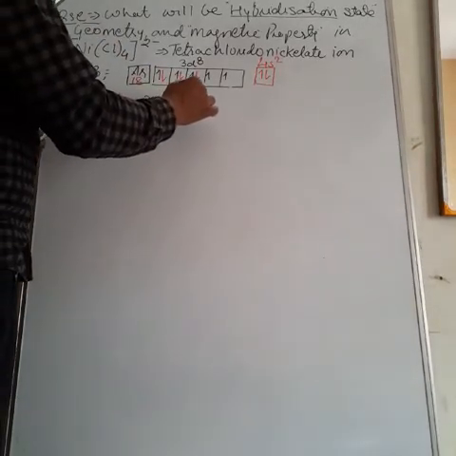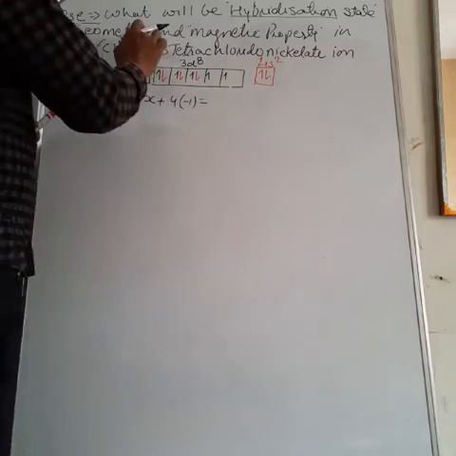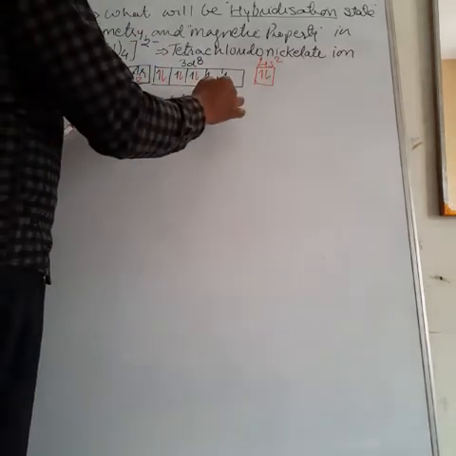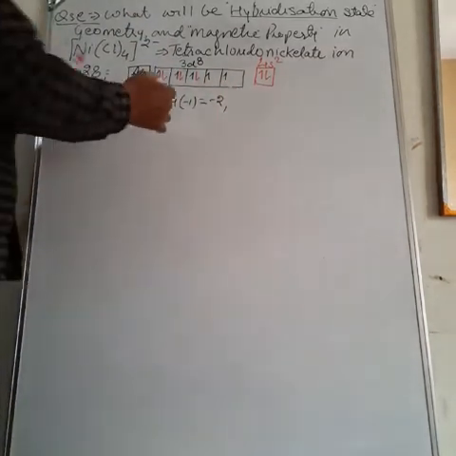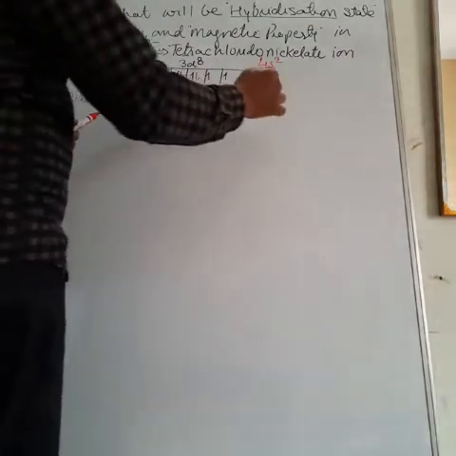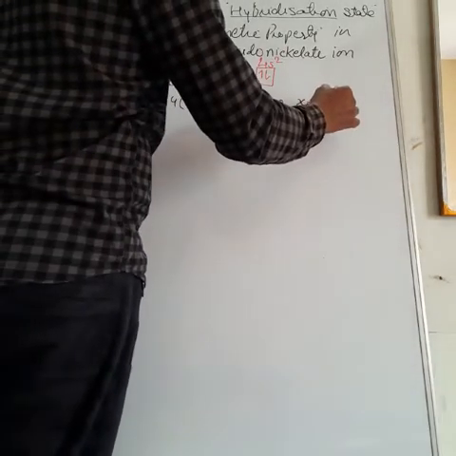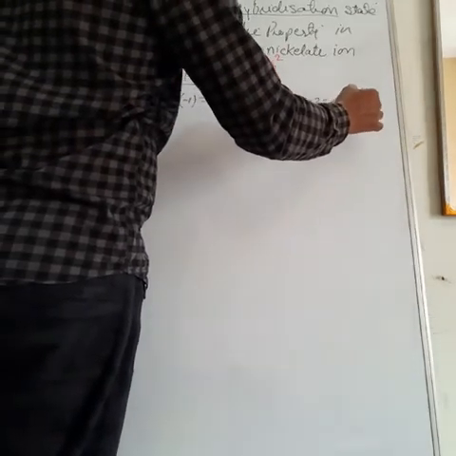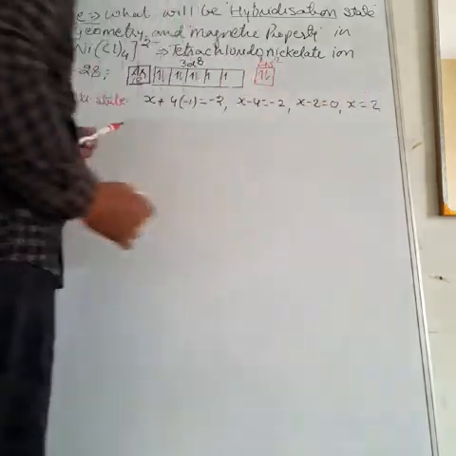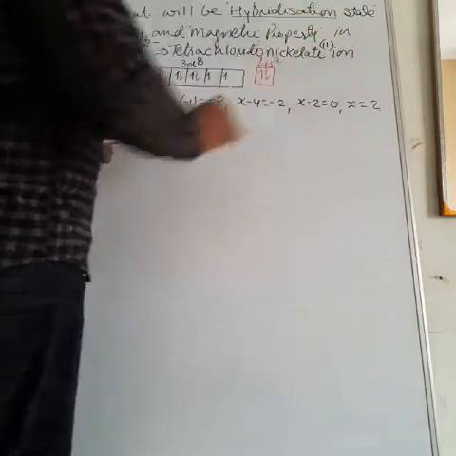Cl has charge -1, so 4 into -1, and the overall complex is -2 charge, therefore -2. When you solve it, x minus 4 is equal to -2, or x minus 2 is equal to 0, or x is equal to 2. Here the nickelate ion is present in +2 oxidation state.